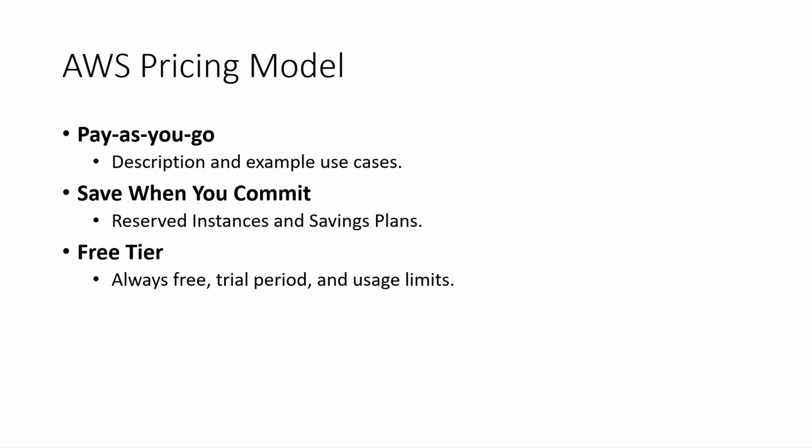In the trial period, you can get free access to many services for the first 12 months. And in the usage limits, you can use the services free within certain limits, and you are only charged if you exceed those limits.